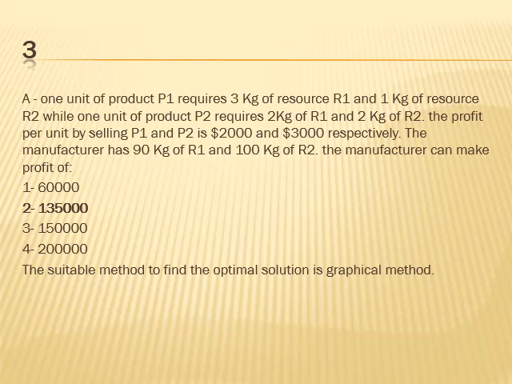The profit per unit by selling B1 and B2 is 2000 and 3000 respectively. The manufacturer has 90 kg of R1 and 100 kg of R2. The manufacturer can make a profit of, so these are the options given.